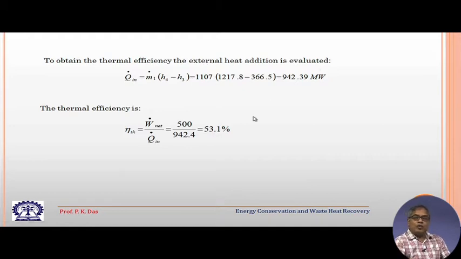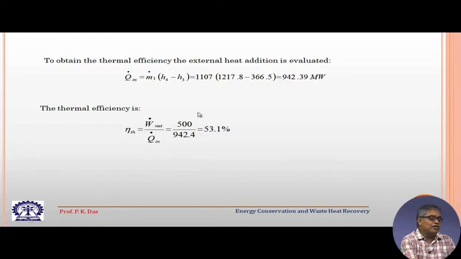So, once we know the air mass flow rate, we know per unit mass flow rate of air, what is the enthalpy addition in the combustion chamber. So, now we know what is the total amount of thermal energy supplied in the combustion chamber, that is 942.39 megawatt.